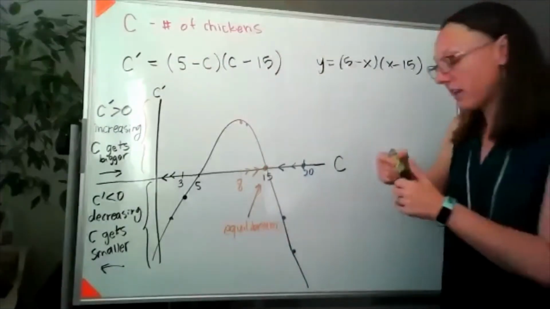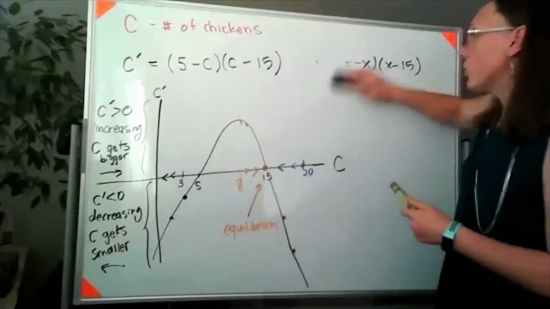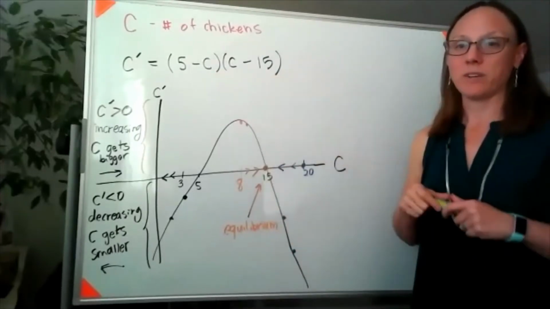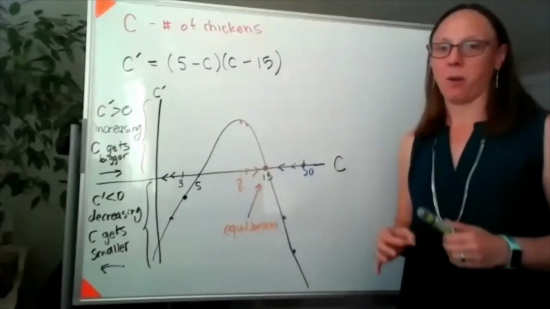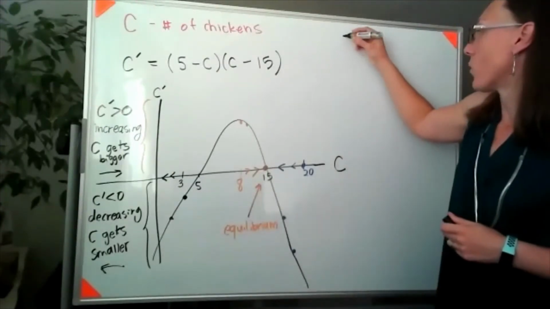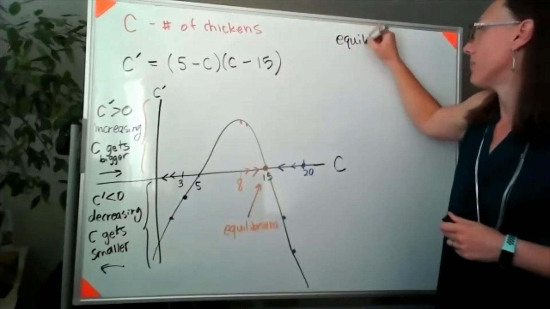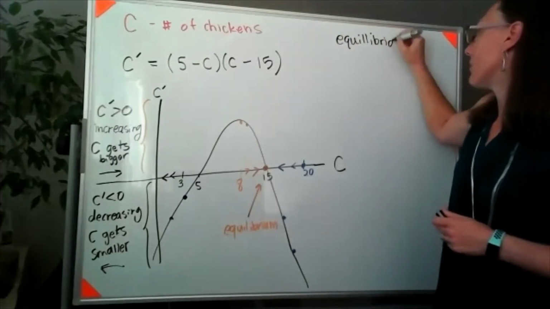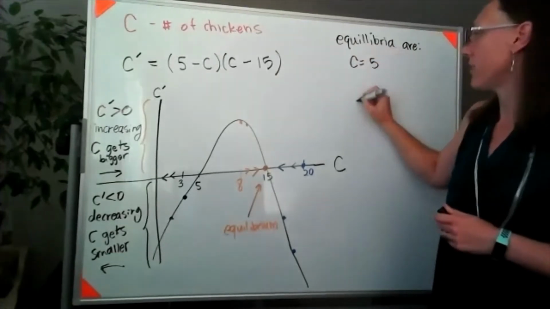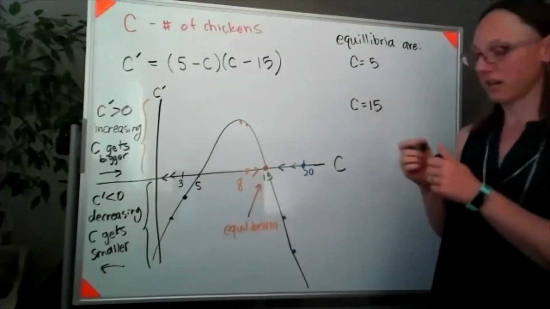So for this particular model, we had 2 equilibria because there are 2 values of C where if we start exactly at that population, the population won't change. So our equilibria are C equals 5 and C equals 15.